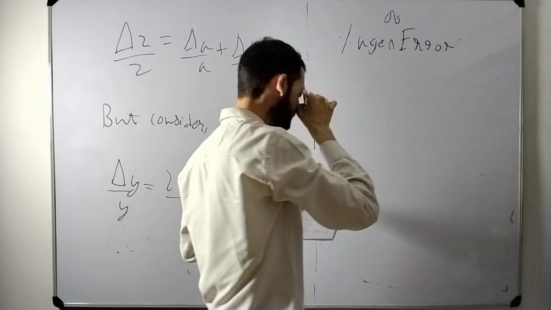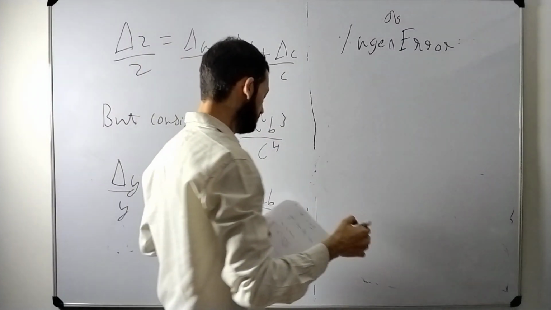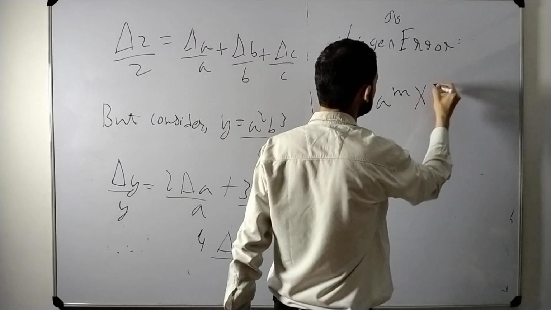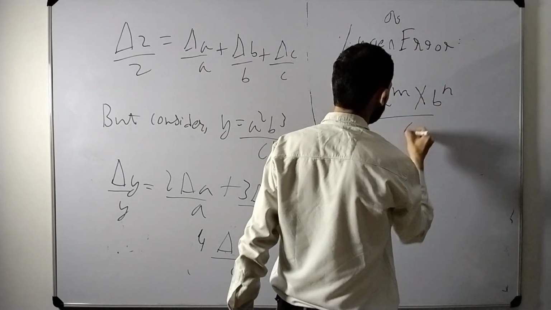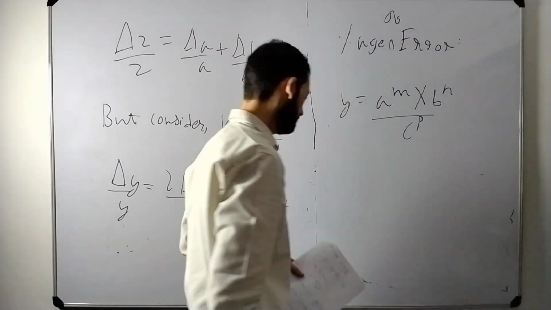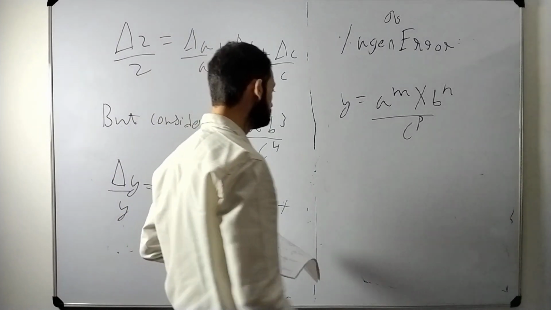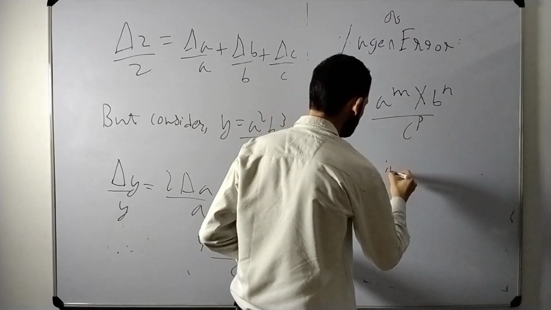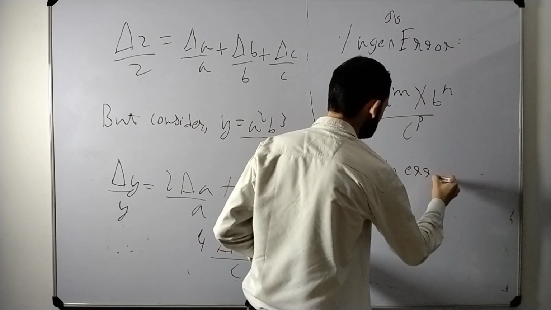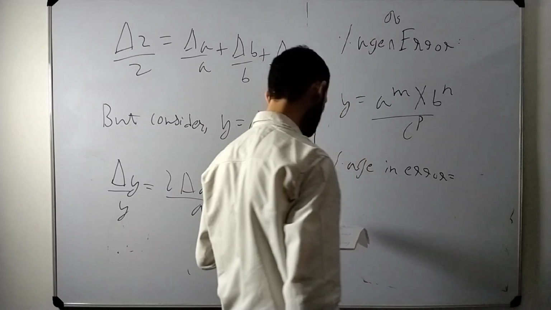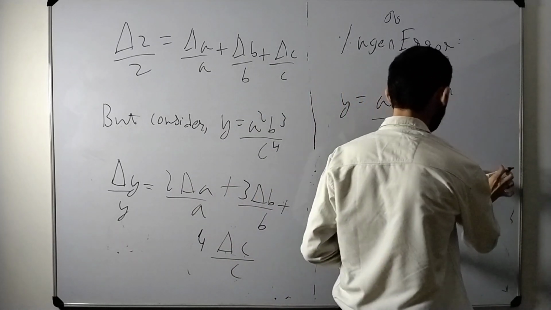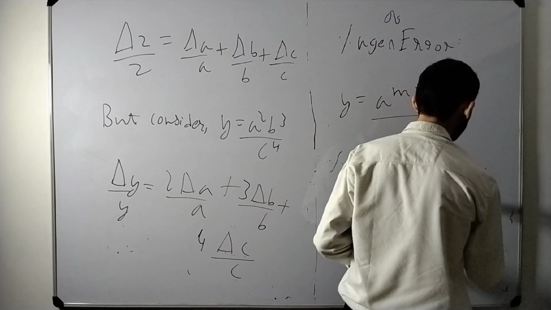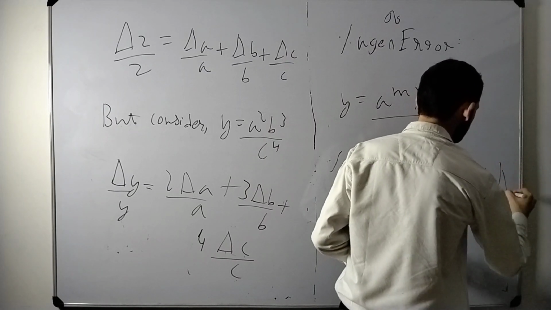So even this part exists. Yes. And you have a quantity A^m B^n C^p. You have to calculate the percentage. So the percentage error becomes, percentage in error is what, students? Into 100.